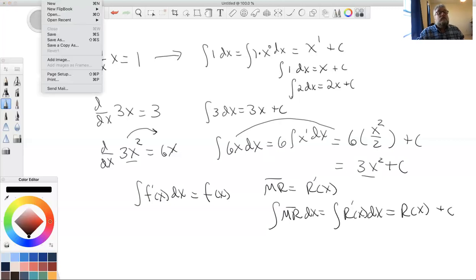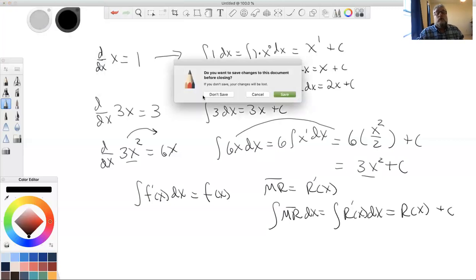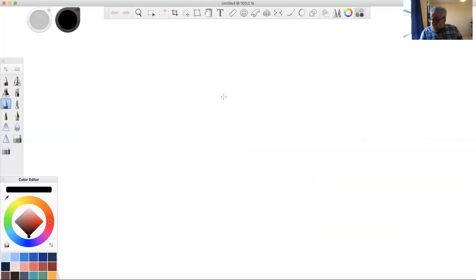Okay, so now let's do some problems. Let's do the integral of x squared plus x to the 7th.